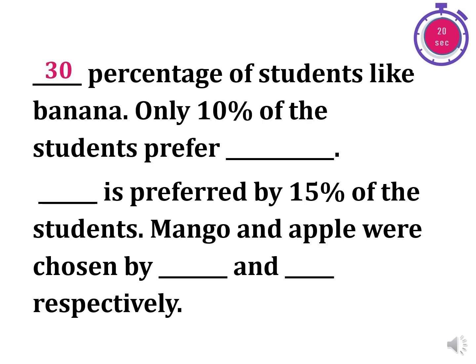Only 10% of the students prefer wood apple. Orange is preferred by 15% of the students. Mango and apple were chosen by 20% and 25% respectively. These are the answers, children.